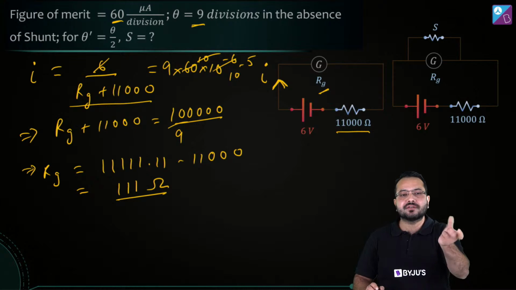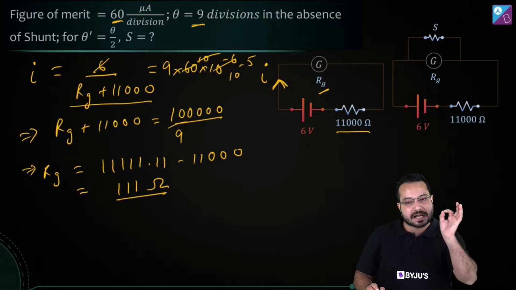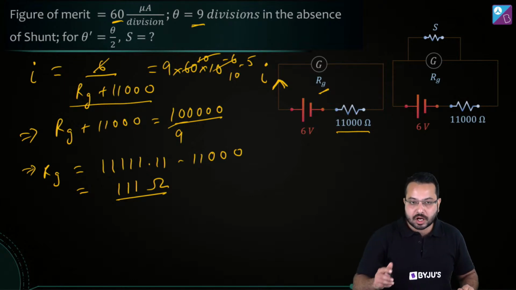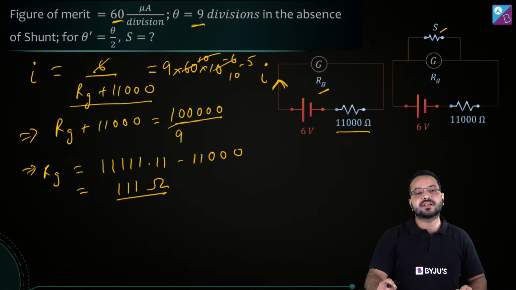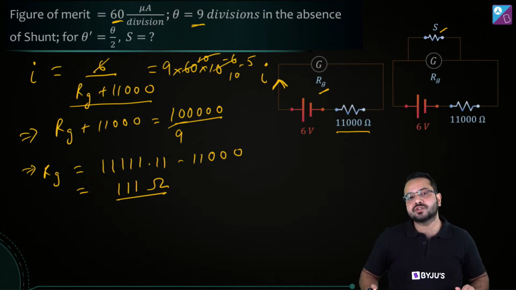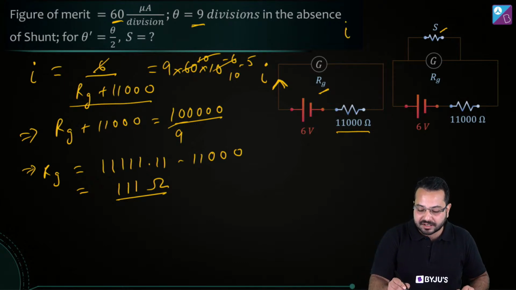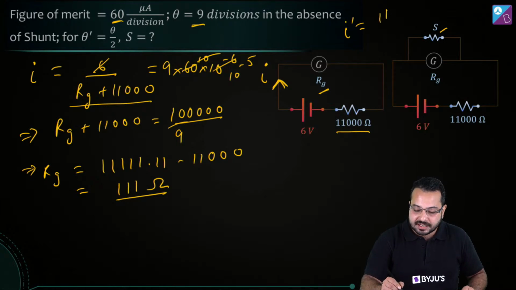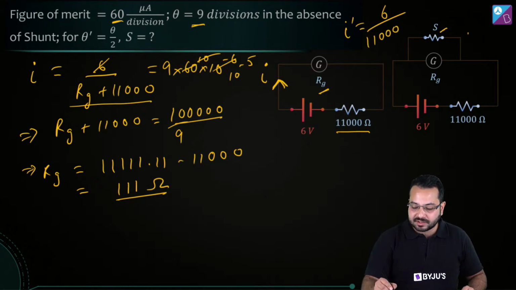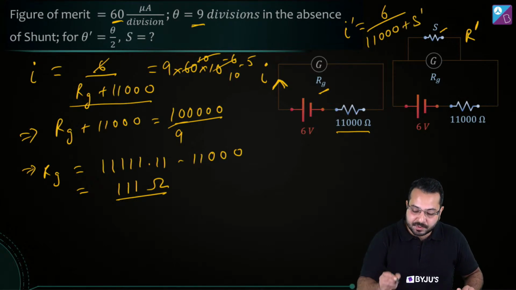So if we change the value of Rg, it is not going to make much of a difference to the current. And that is the key part of this question. Now when we attach this shunt, S and Rg are in parallel combination, so the resistance is going to change. But even with the changed resistance, we'll write the current as 6 divided by 11,000 plus R prime, whatever the equivalent resistance of S and Rg is.